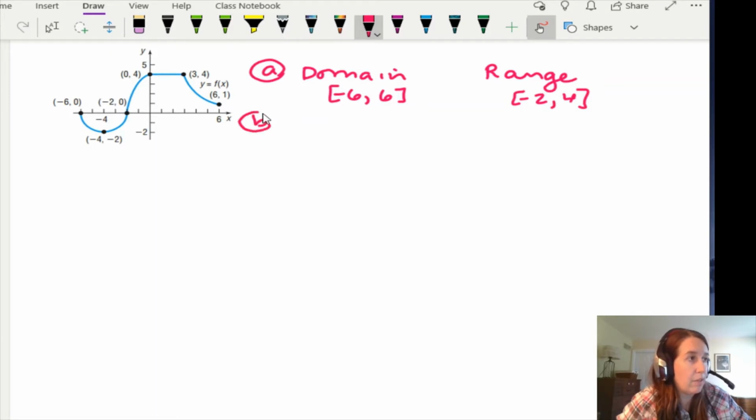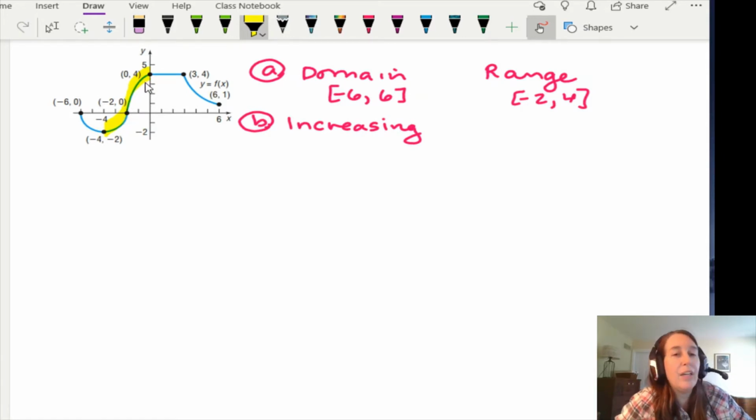Okay. Another thing we might be asked on this graph is where the graph is increasing. So remember, increasing means that we're looking from left to right and we're going uphill. So here's downhill, here's uphill. Notice that the slope can change, right? Try to think of it as like skiing or sledding.